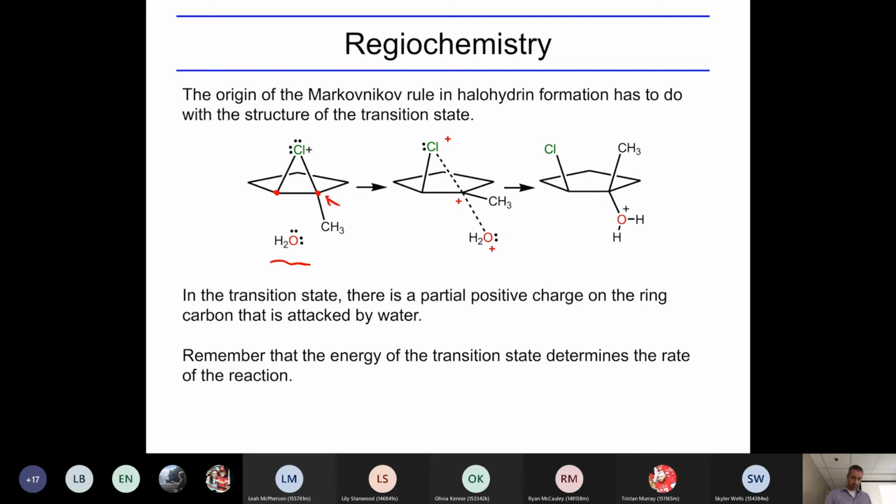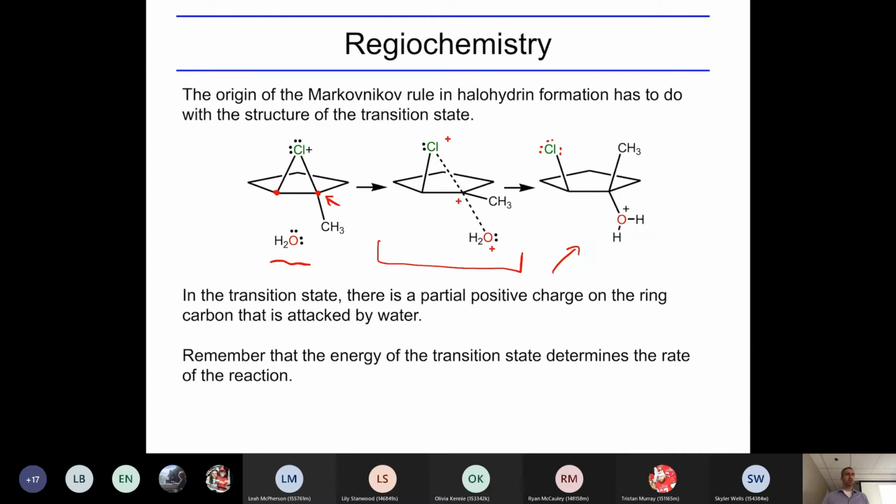So it turns out this one will have more positive charge. In the transition state, which looks like this, there's going to be positive charge on that carbon as well. And so the best outcome is for the water to end up attacking the more substituted side. Chlorine ends up on the less substituted side. Okay? Some lone pairs in that chlorine.